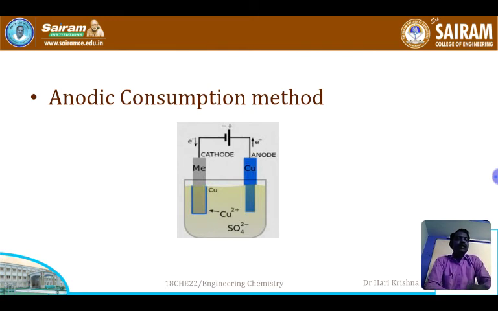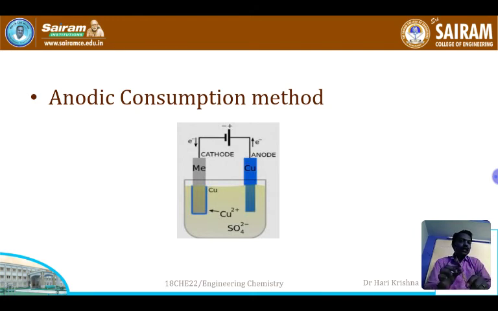When you pass the DC current, copper undergoes oxidation giving Cu2+ ions and 2 electrons. These Cu2+ ions move towards the cathode and undergo reduction giving copper metal, which gets deposited on the surface of the cathode.